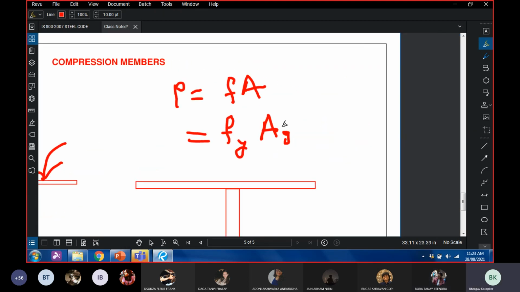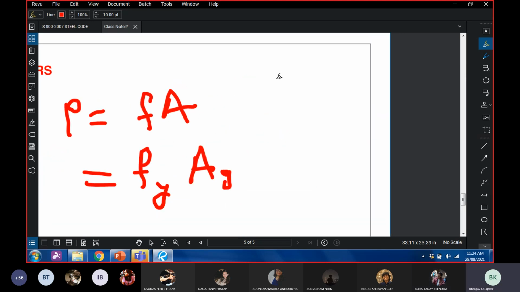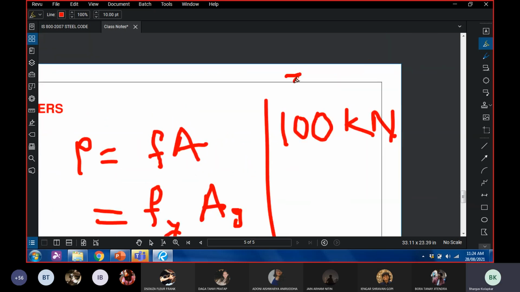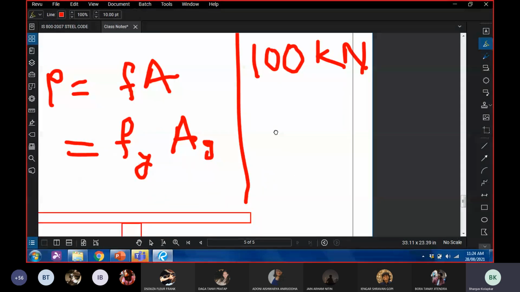So it's not that this value is going to be large, but because of buckling, our value goes further below this. To give you a feel for the numbers, say the column is short, with a length of 3 meters, and it fails at 100 kilonewton.